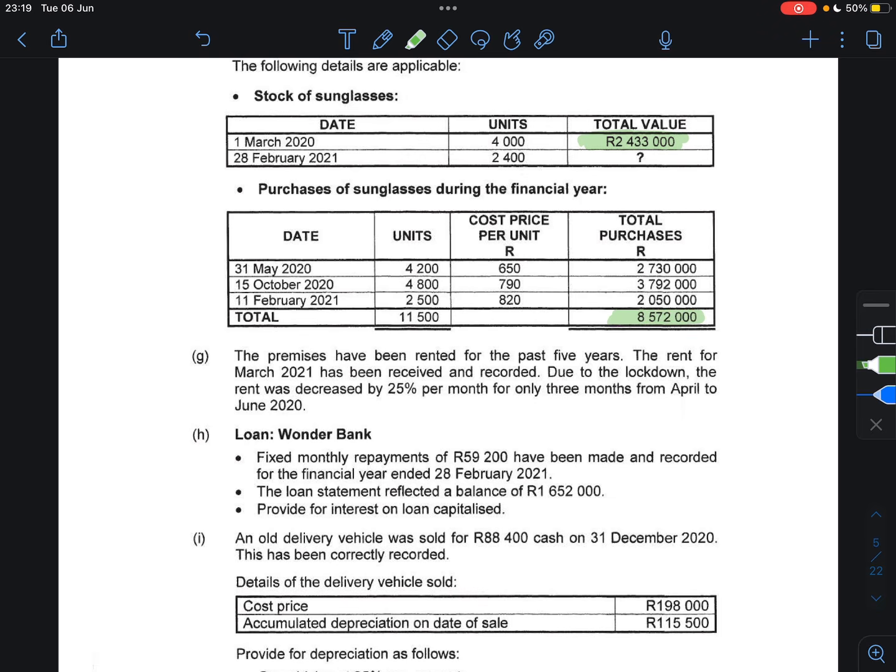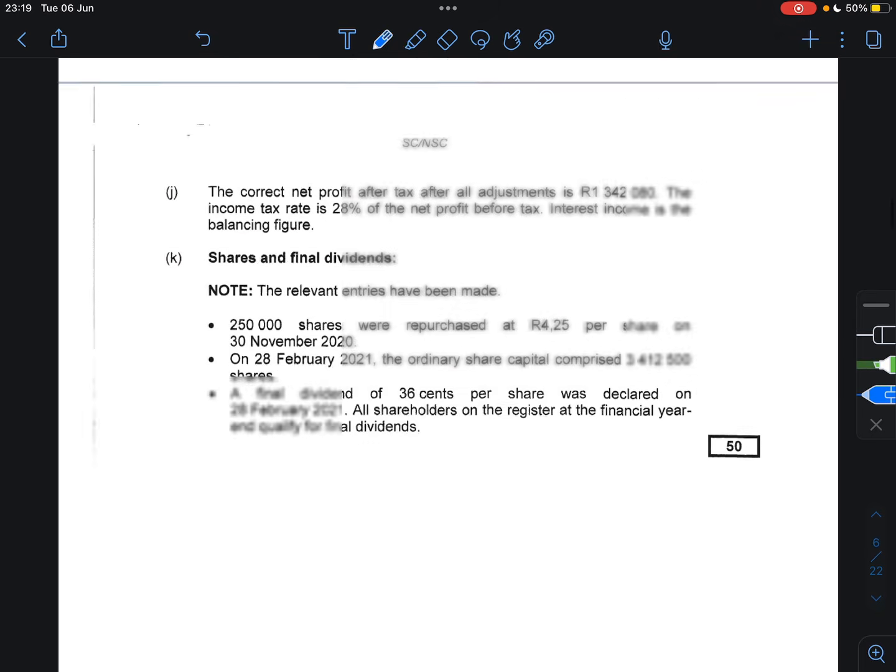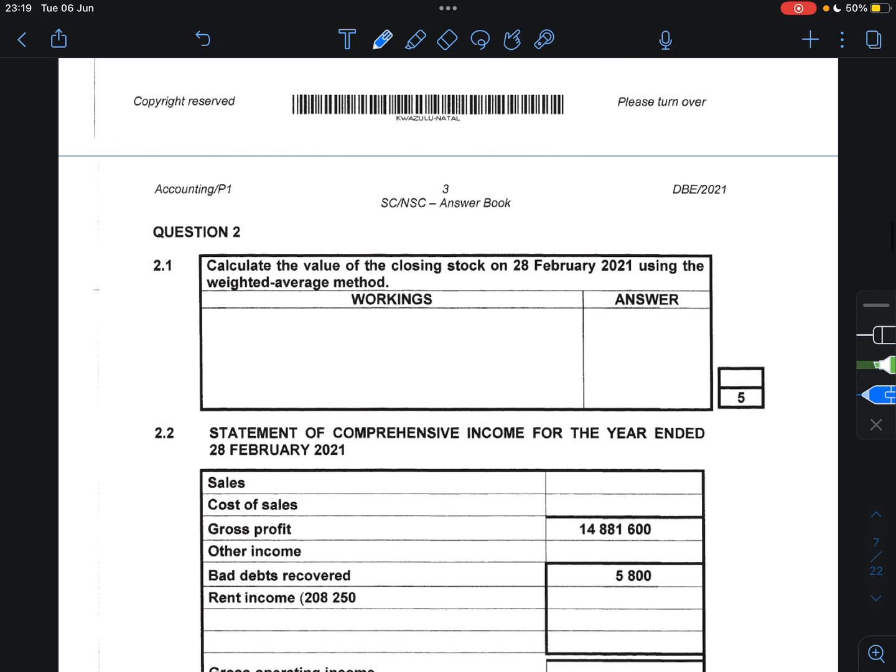We purchased a total number of units to be 11,500. We opened with 4,000 units, and we are closing with 2,400 units, which means we are then able to calculate our weighted average cost of stock.